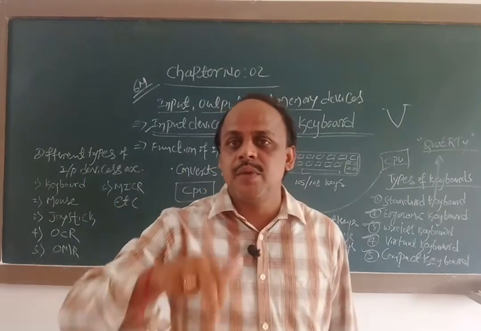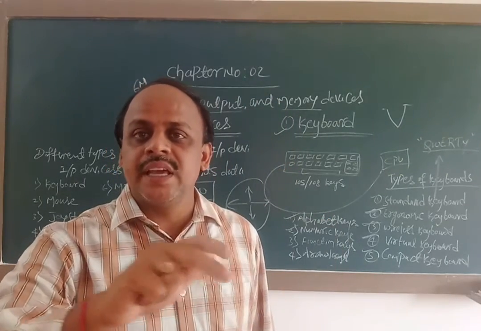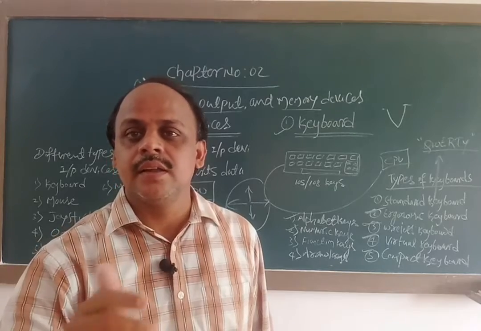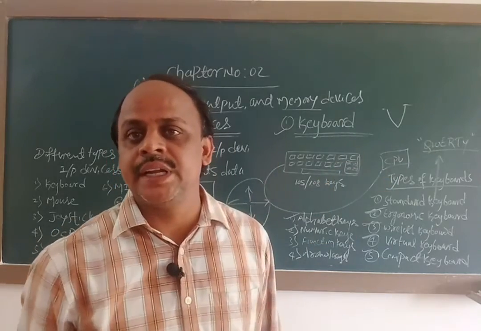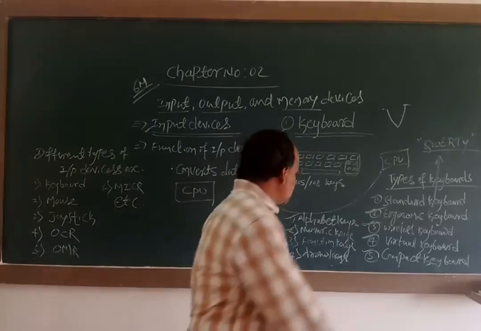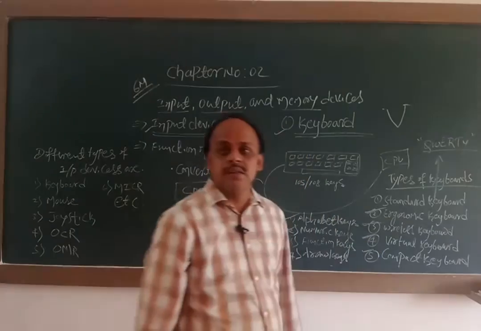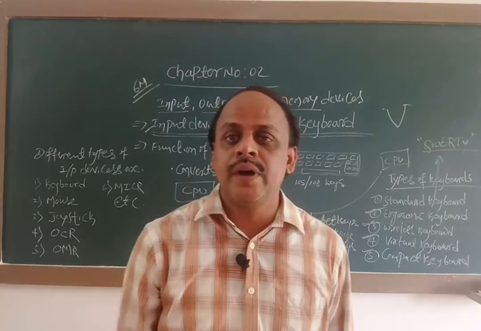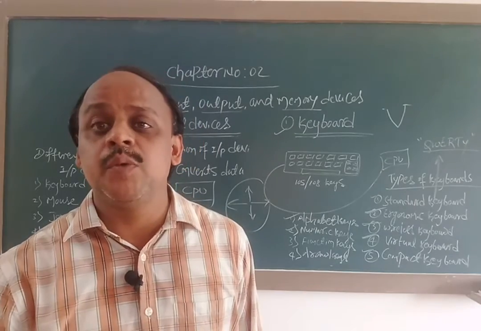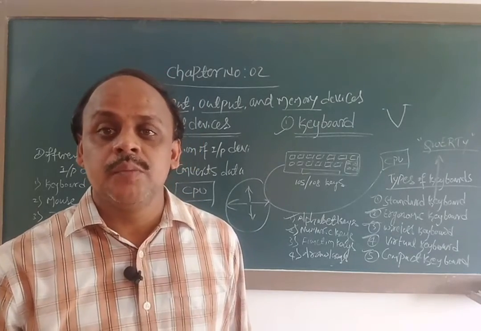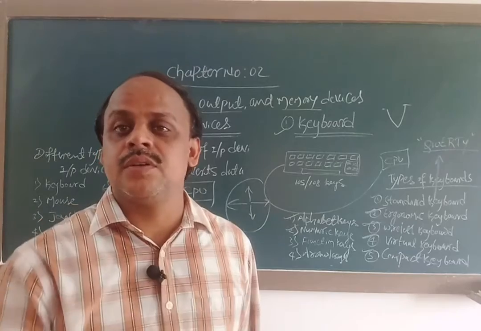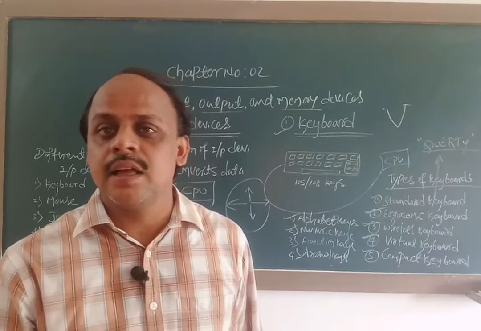Working on that image, the particular thing is printed on the monitor. That's why this virtual keyboard is called a soft keyboard. What is the other name of virtual keyboard? Soft keyboard, because it is made up of software. It is not a physical component.